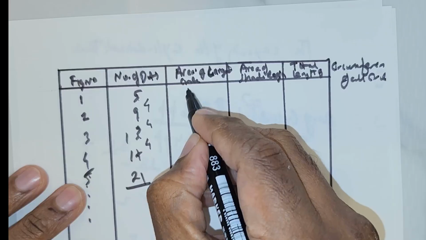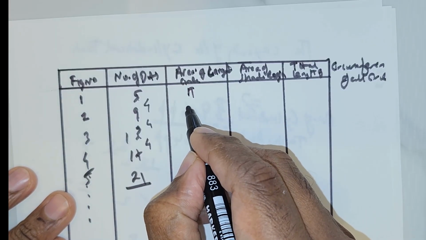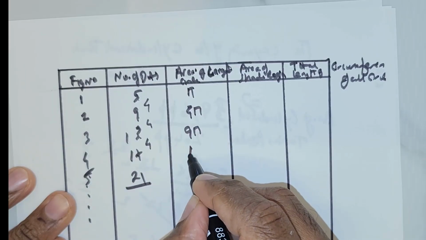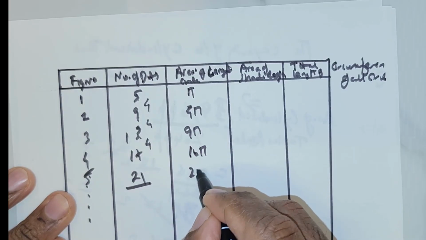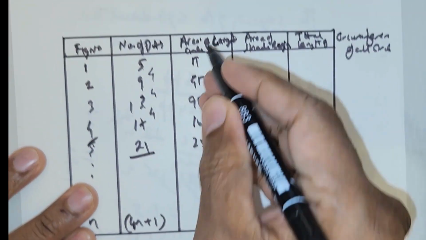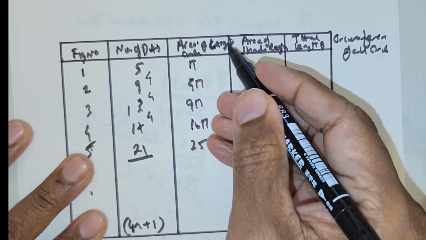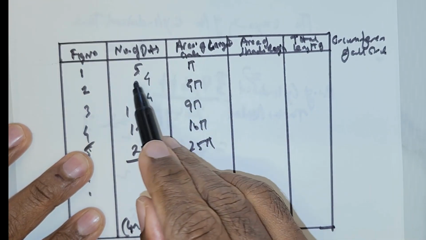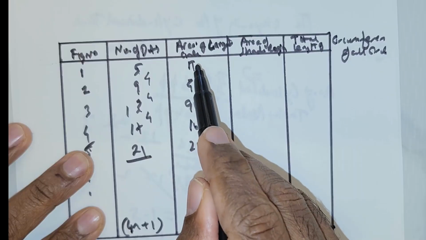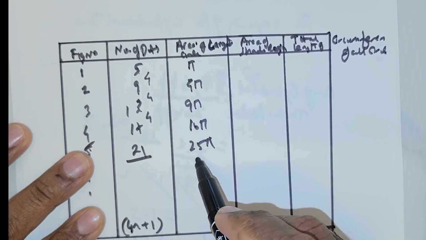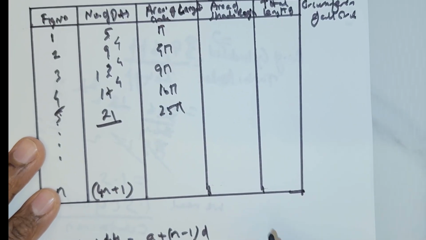So now we have been given pi, and this is 4 pi, this is 9 pi, this is 16 pi, this is 25 pi, and we have to get the area of the circles, right? Now if you were to observe, this also has a pattern: 1, 4, 9, 16 and 25.